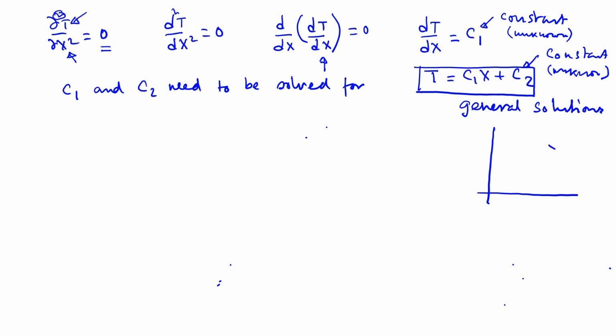This equation simply tells us that temperature T, or the y, is a linear function of x. But this is not enough to know the exact value of T at a position until we find C1 and C2. So what we need is what's called a particular solution.